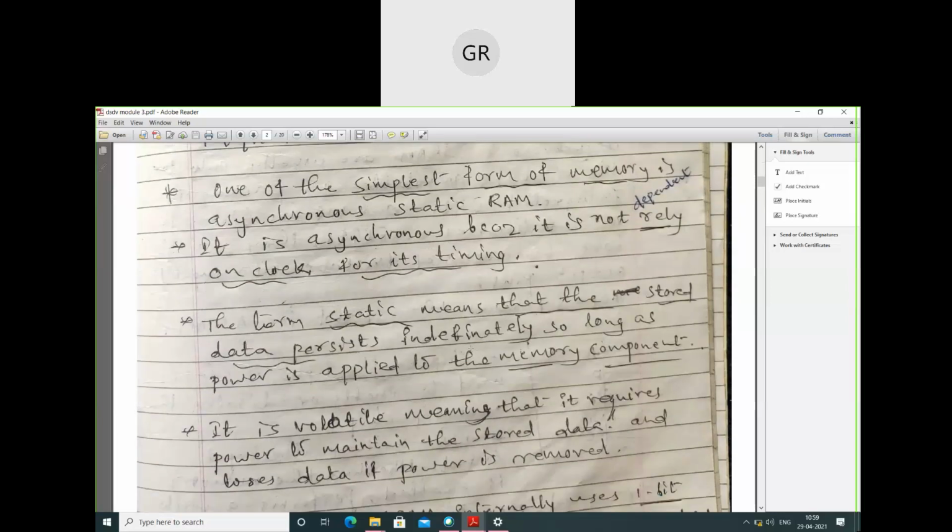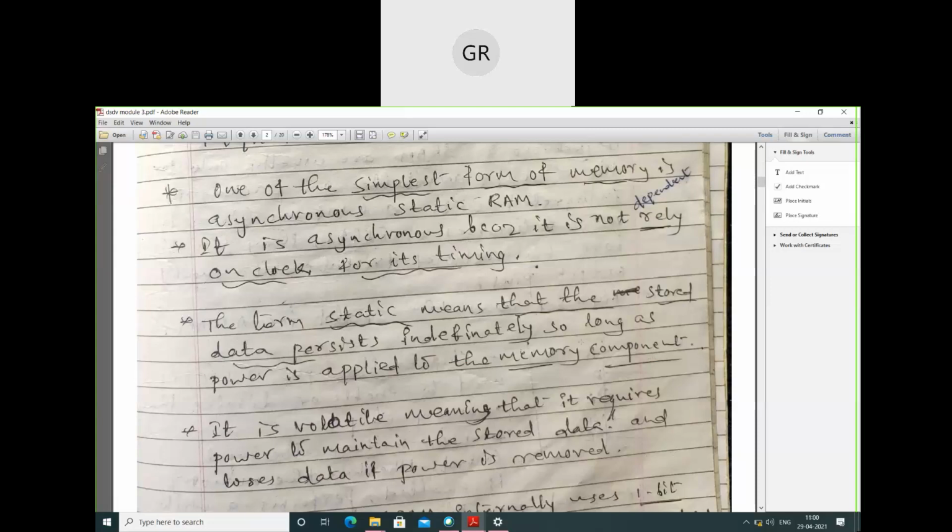The term static means that stored data persists indefinitely so long as power is applied to the memory component. What is meant by the data being held as long as power is applied to the memory? What type of memory is it? It's a volatile memory.